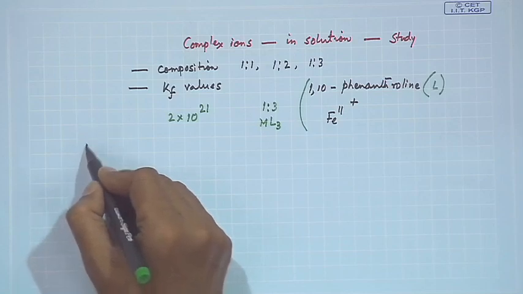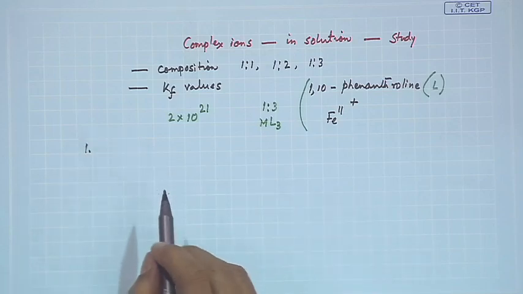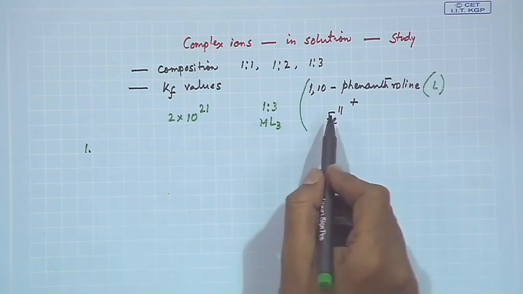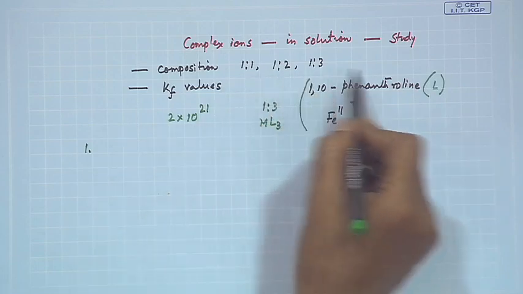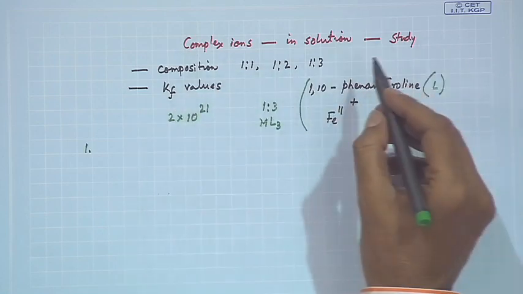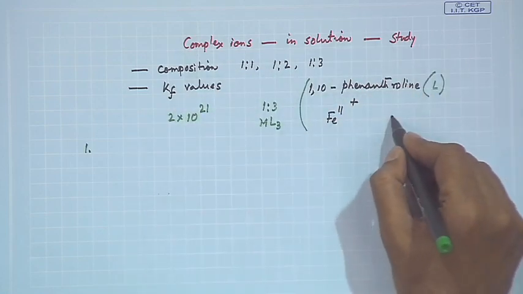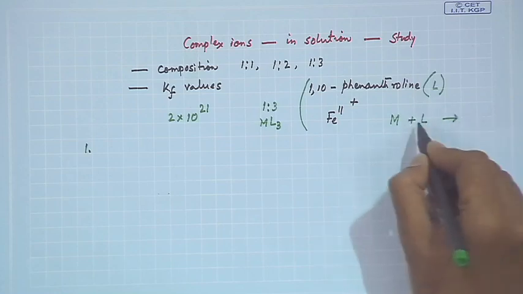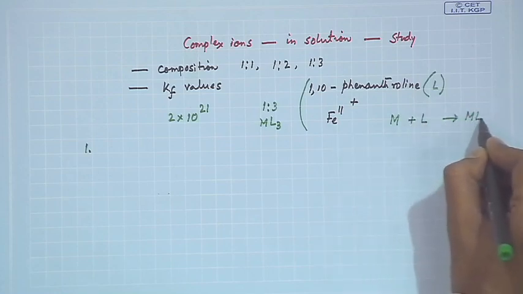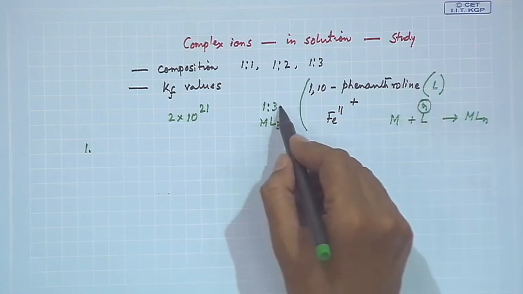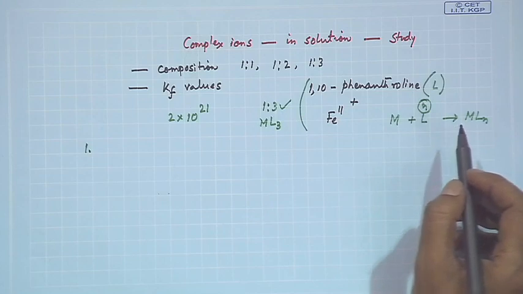So, we can follow 3 different techniques basically, where we can monitor the absorbances and how the composition is changing. That means, in the titrations with M plus L forming some species MLn, what is the value of n? This is 1:3 here.